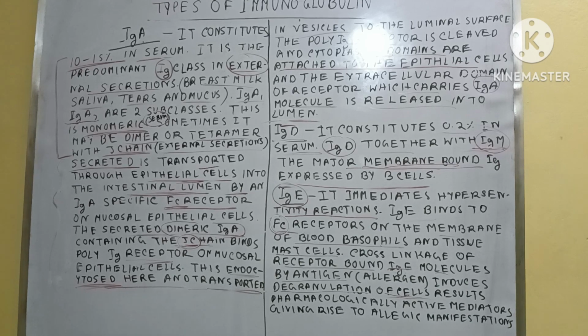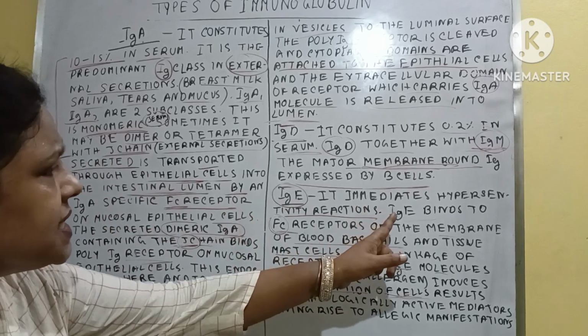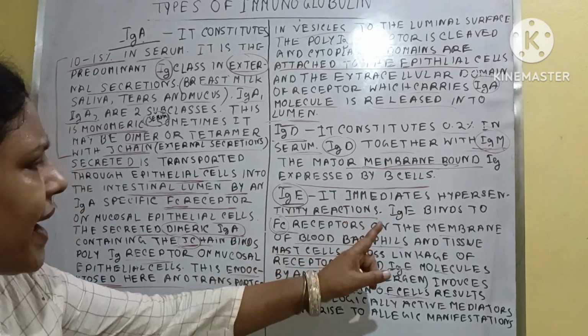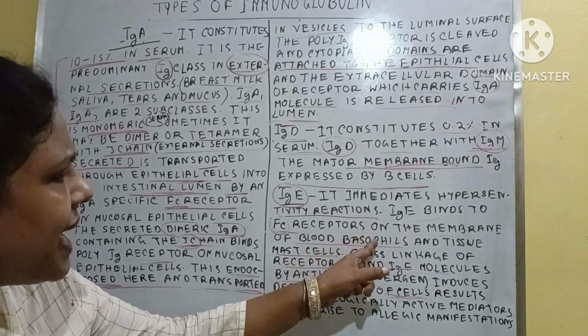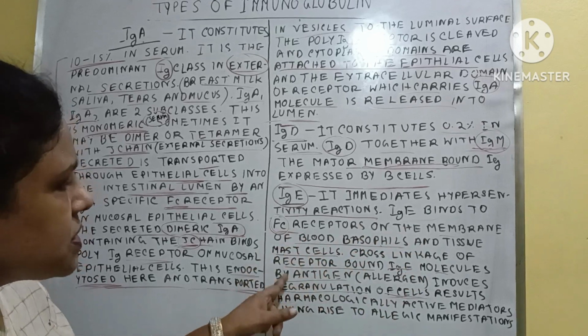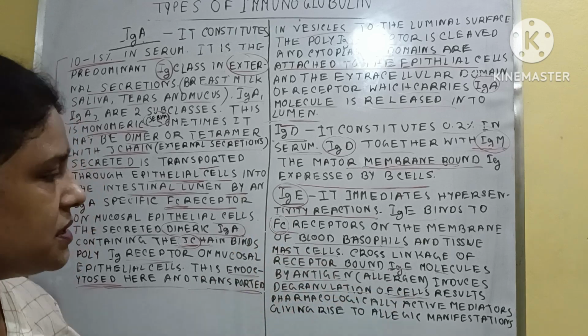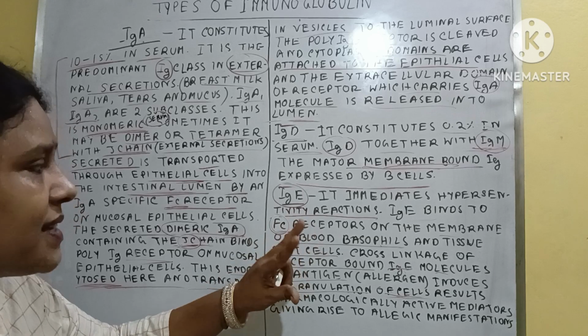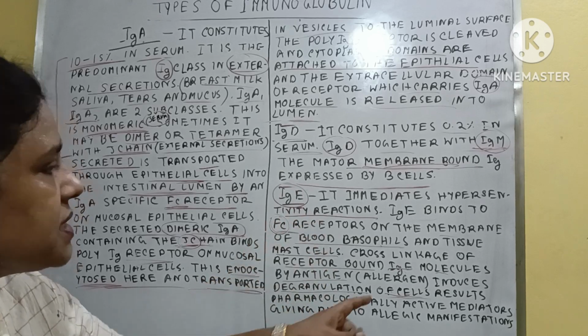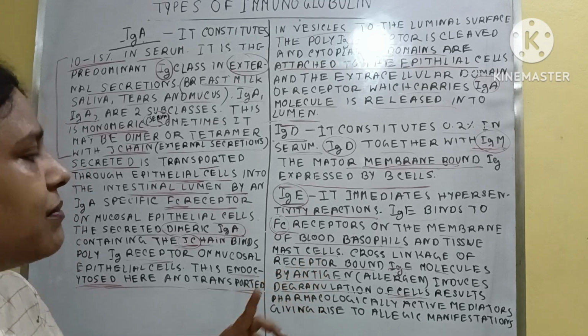That means when the Fc receptor and IgE molecules both bind on the membrane of the blood basophils and the tissue mast cells, what happens? These cross linkages create the degranulation of the cells, the basophils and the mast cells.